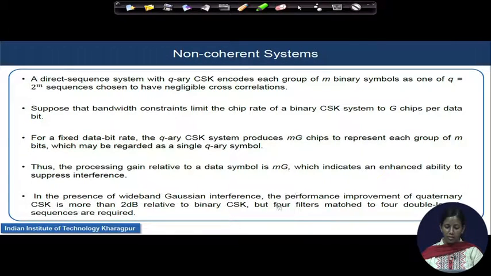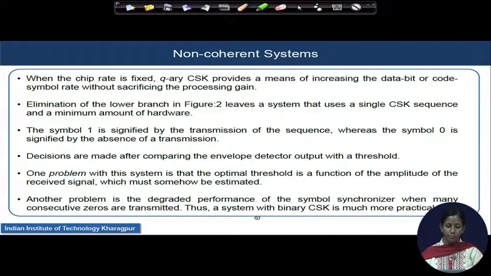And 4 filters match the 4 double-length sequences. You see the structure, it will definitely be more complicated for higher modulation schemes, and 4 double-length sequences are required there. When the chip rate is fixed, Q-ary CSK provides a means of increasing the data bit or code symbol rate without sacrificing the processing gain.